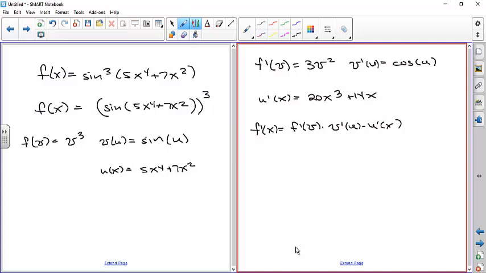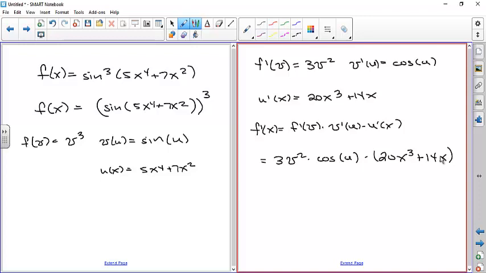So we just add that one extra term and introduce this variable v that we didn't have before. And you plug those in there. So you get 3v squared times the cosine of u times 20x cubed plus 14x. So that's just the easy plug from our previous step.